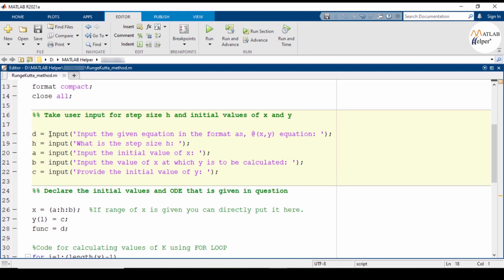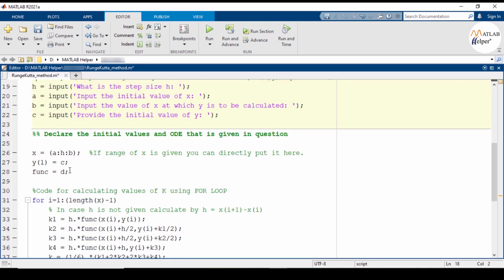I will just provide a comment here. So in this line directly you can provide a function into bracket x y and the equation that is given in question.